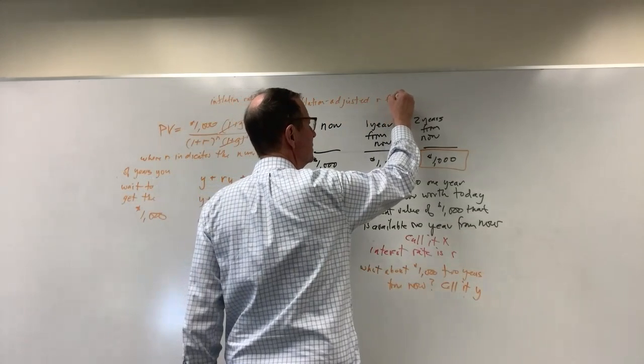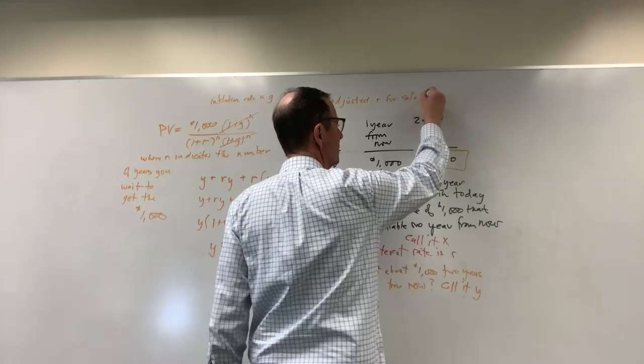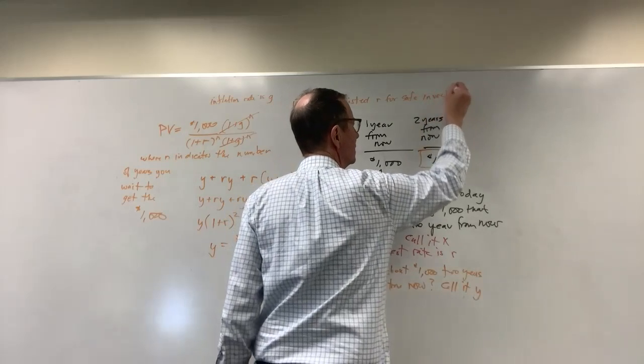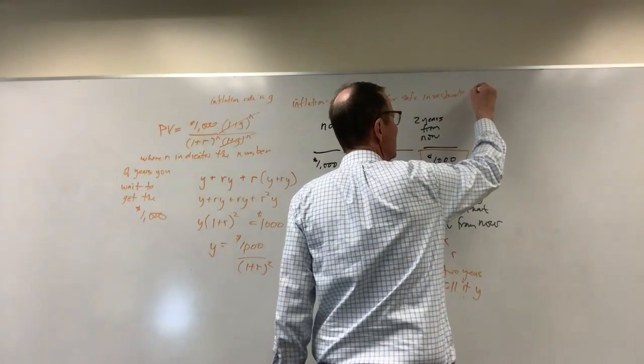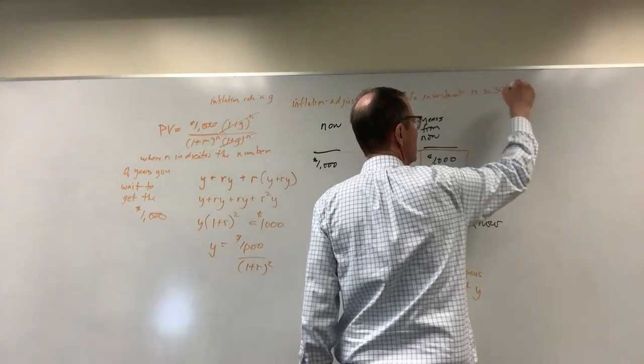R for safe, in other words, non-risky investments is about 3% historically.